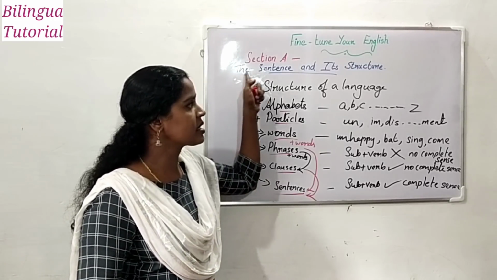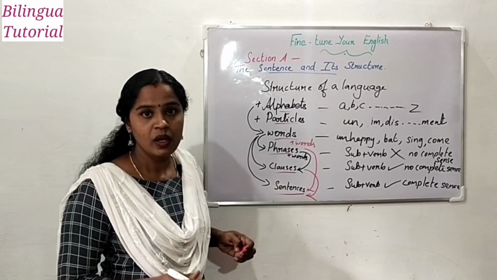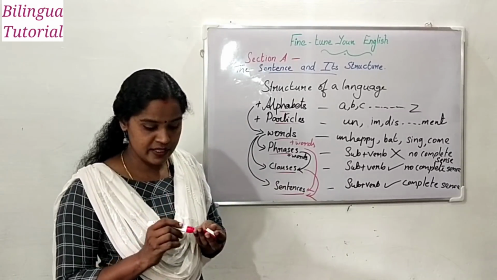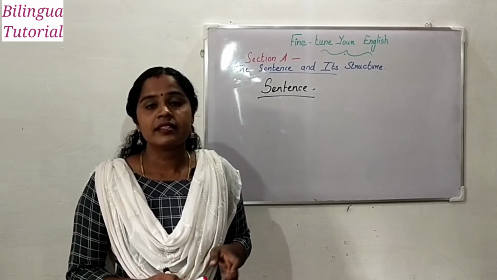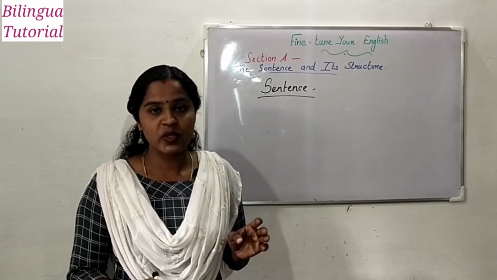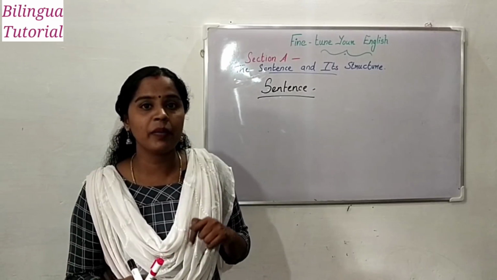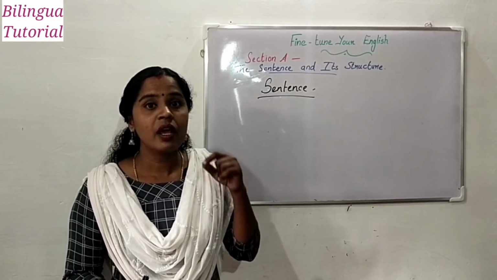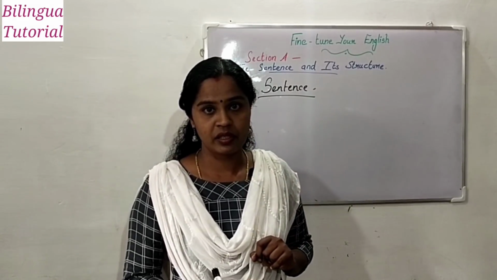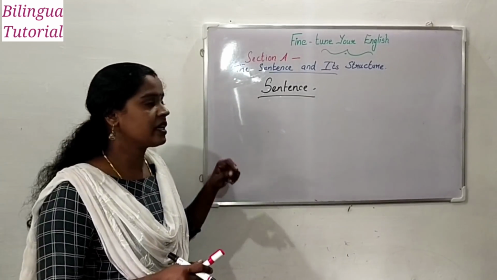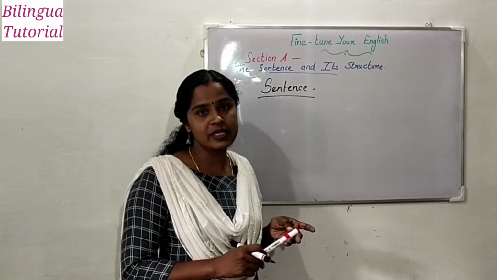So we can discuss what is a sentence and what are the parts of a sentence. I have already discussed sentences are groups of words which have a complete meaning, which have a subject verb combination or subject predicate combination. That is the first explanation we can give to a sentence.